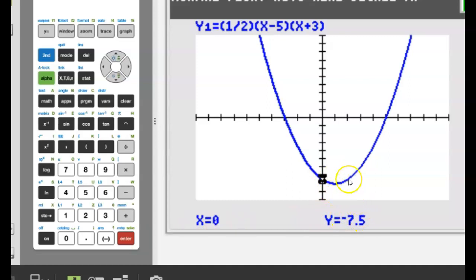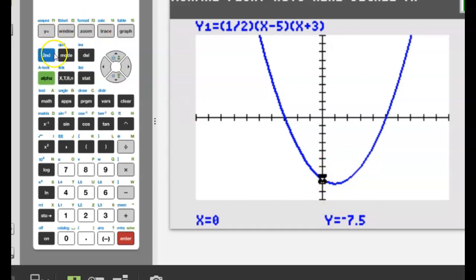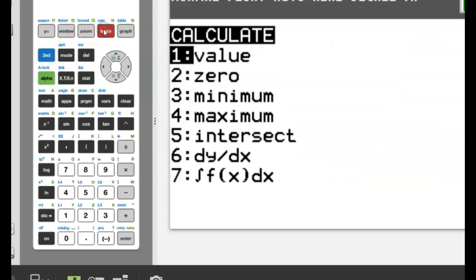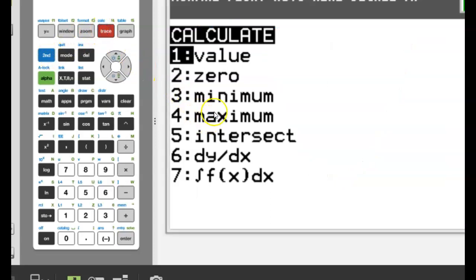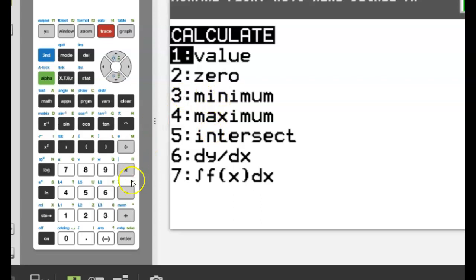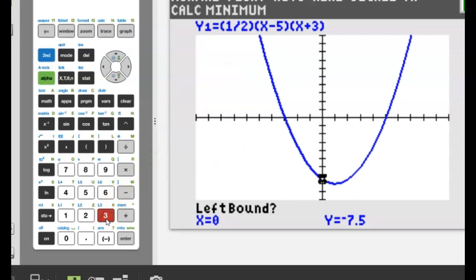Now, does anybody know how we find that vertex down there? If you go to second trace, is it a maximum or a minimum on this graph? It's a minimum because it's at the bottom, okay? So we would pick choice 3, and then again you would say, I'm a little bit to the left of what I want to find.